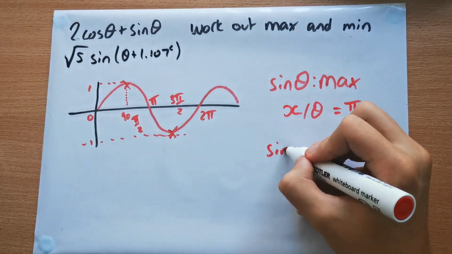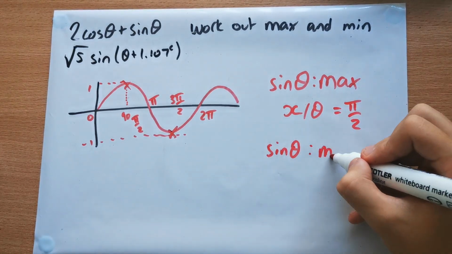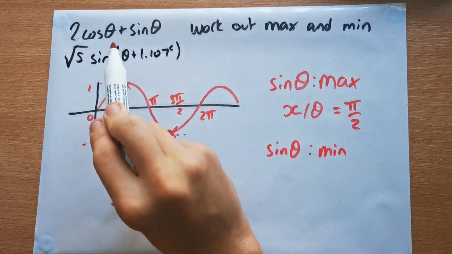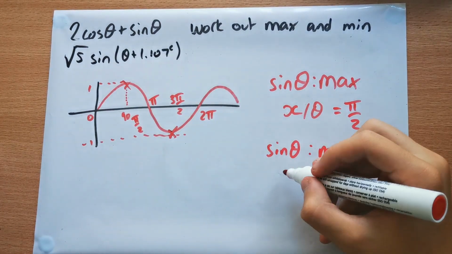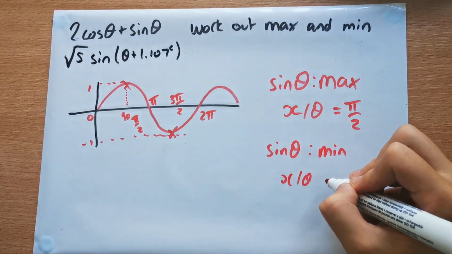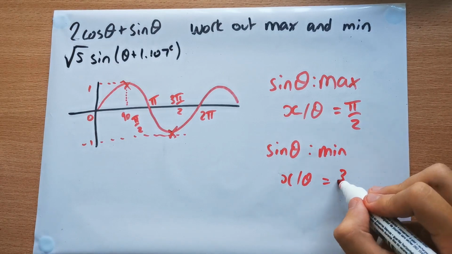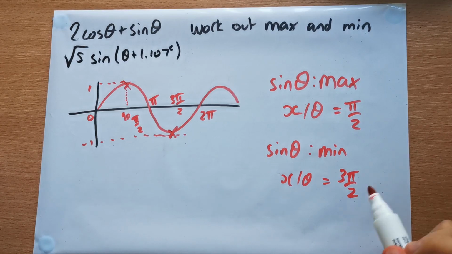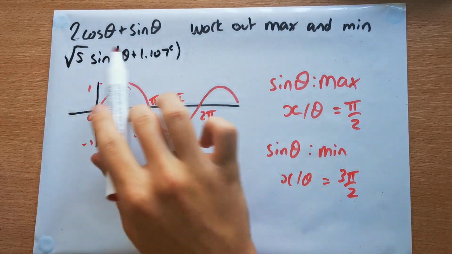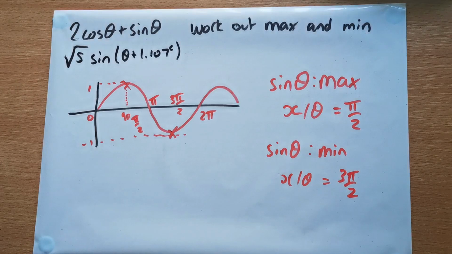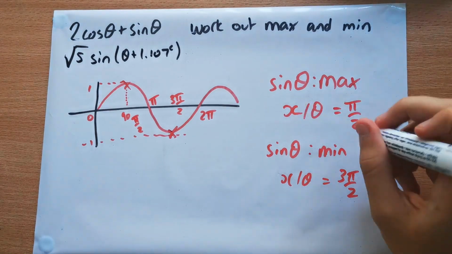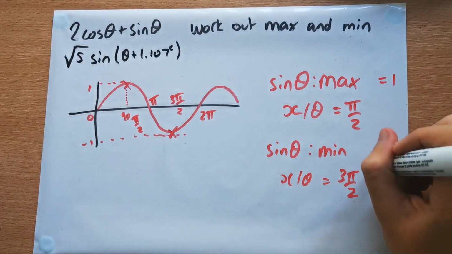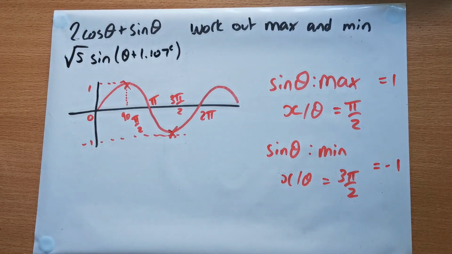And we can also see that sine theta is a minimum, so maximum, the highest it goes, minimum, whenever x or theta is equal to 3 pi over 2. And so now we want to work out how we get the maximum and minimum of this. We also know that it is equal to 1, and equal to minus 1, because that is what it is on the graph for sine theta.